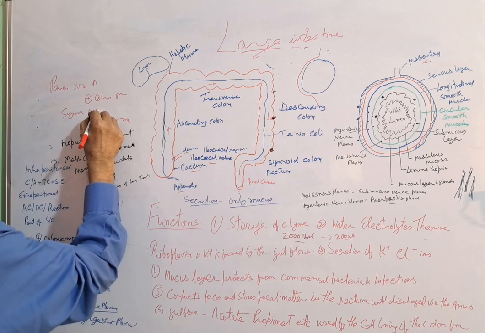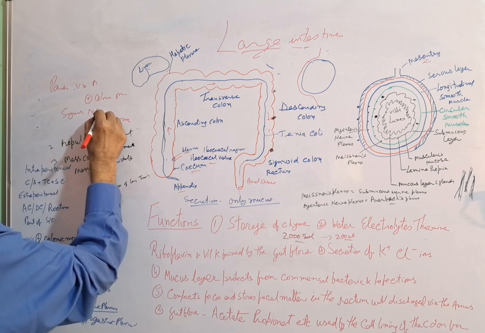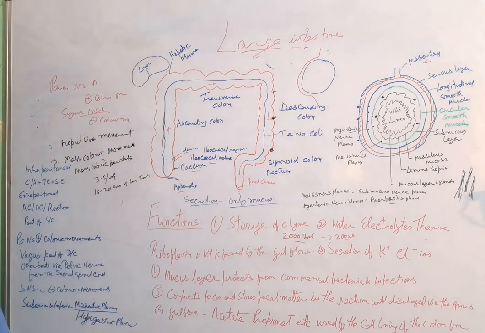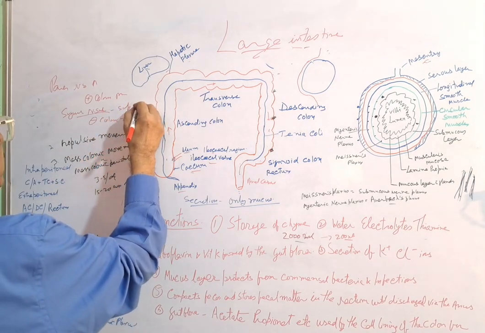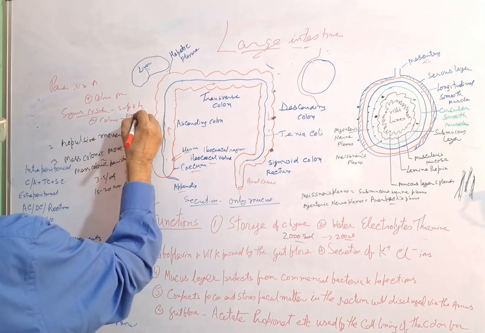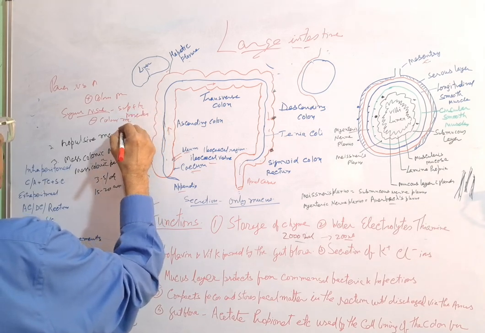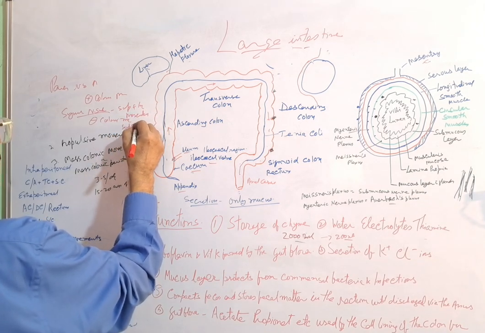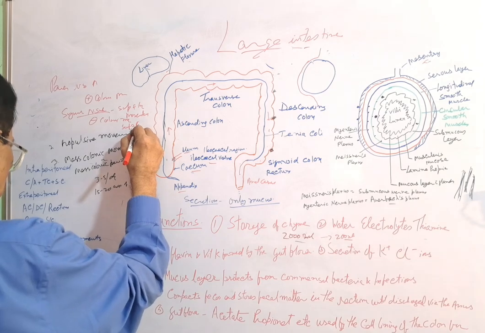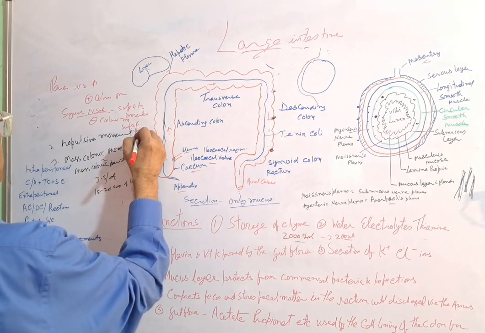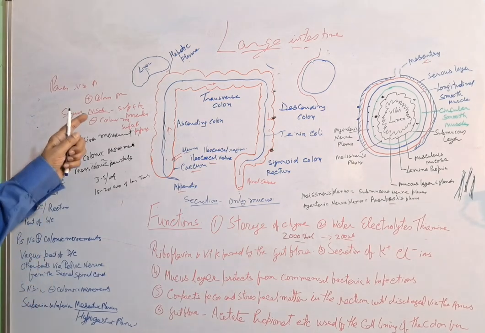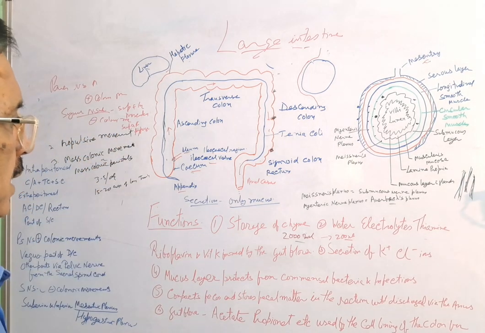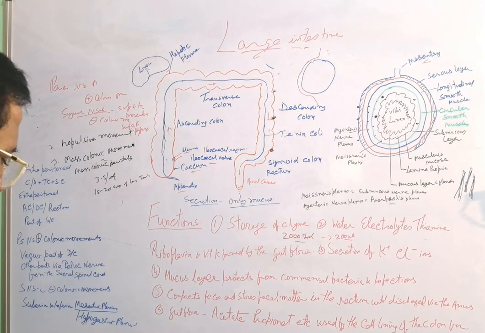The sympathetic nervous system supply is from the superior and inferior mesenteric plexus and the superior and inferior hypogastric plexus. Okay, this sympathetic nervous system will cause a decrease in colonic movements. Okay, it is clear now.